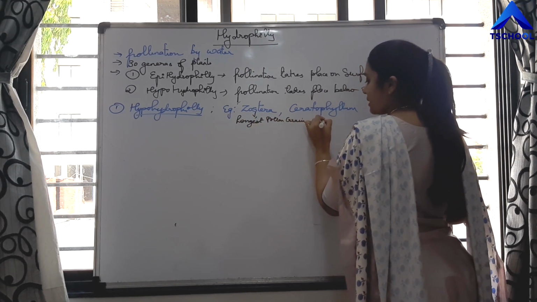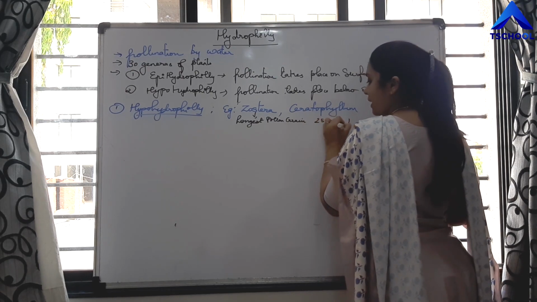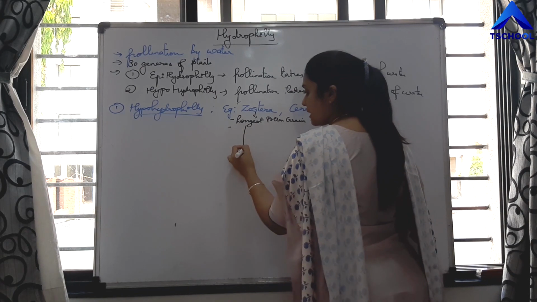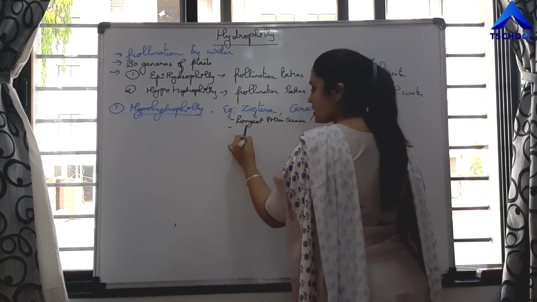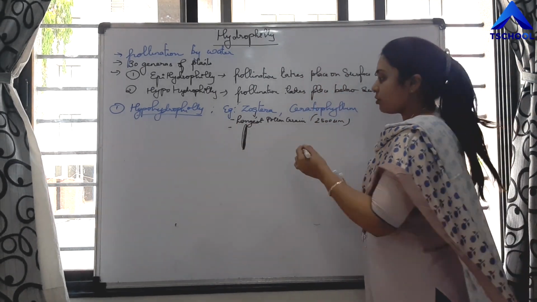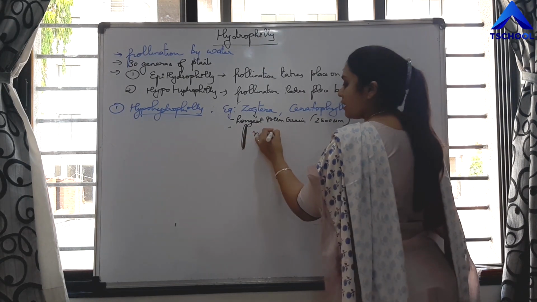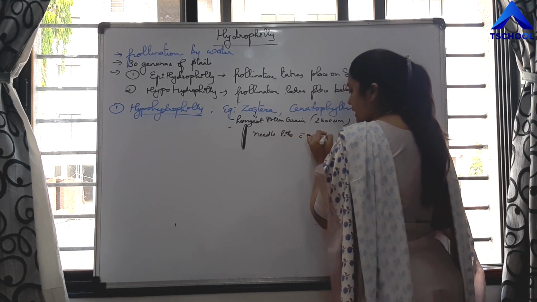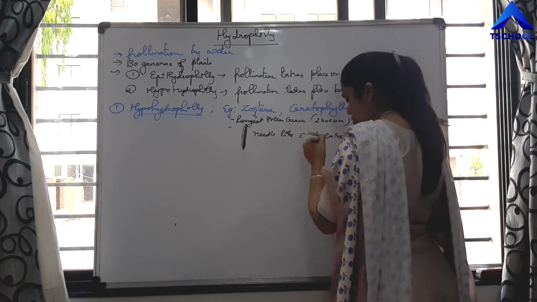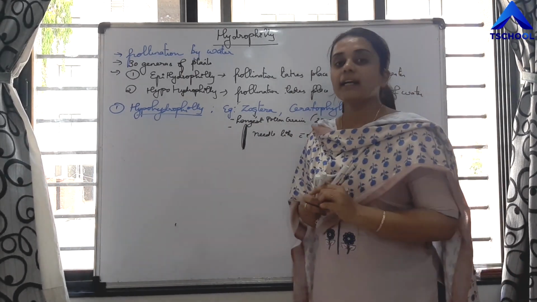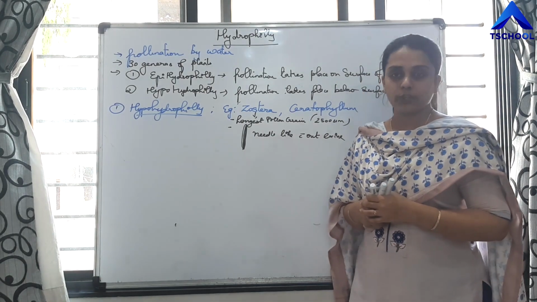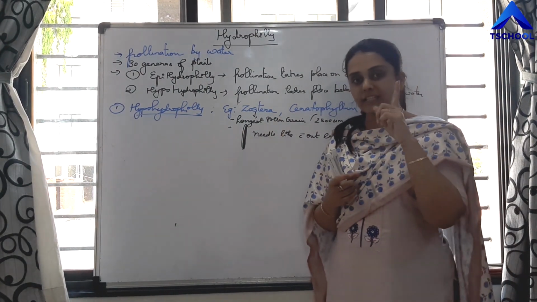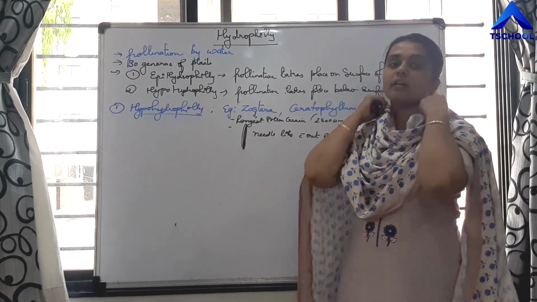That pollen grain is 2500 micrometers in length. The pollen grains are needle-like, without exine. We know pollen grains are surrounded by exine, which is made up of sporopollenin. But in Zostera, the pollen grains are longest, needle-like and without exine.